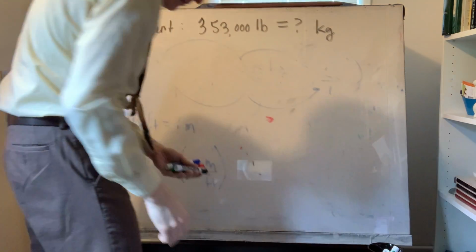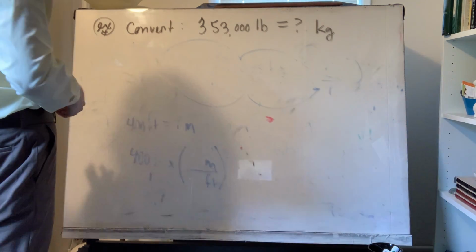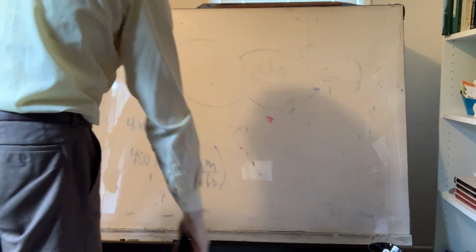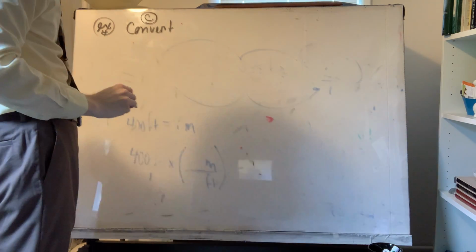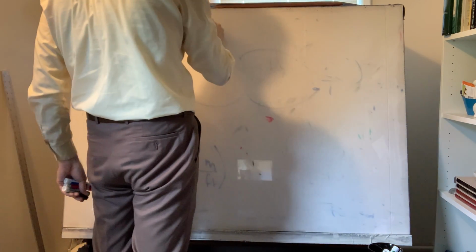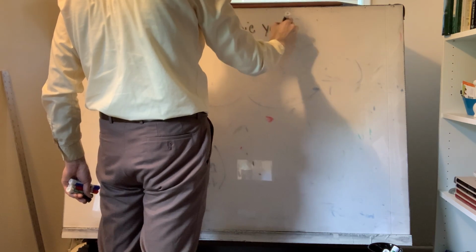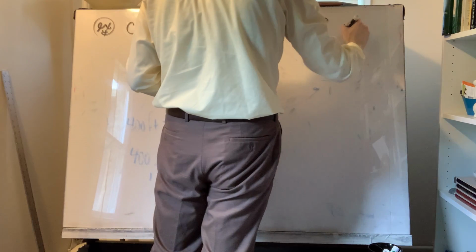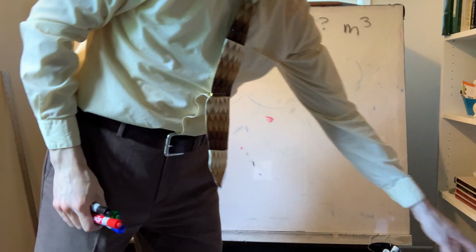All right. Part C would be converting 700 cubic yards to so many cubic meters. Let's look at our table to see if we have a direct converter.